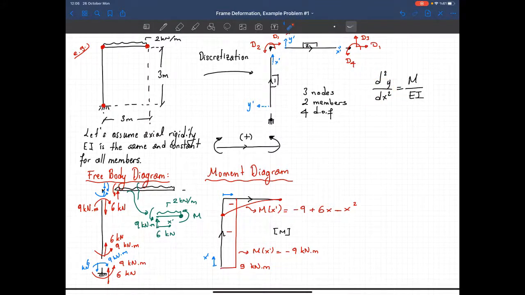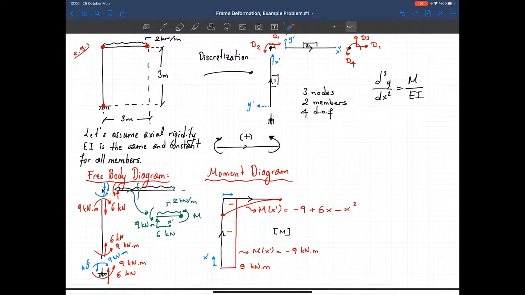And how do these different members communicate? If we are talking about forces, by using the nodal equilibrium and the section cuts, that's through nodes, these forces communicate between these two members. What about the deformations? The deformations are communicated by the degrees of freedom among members.